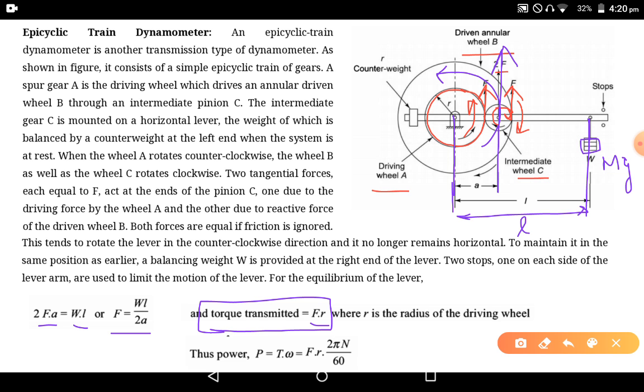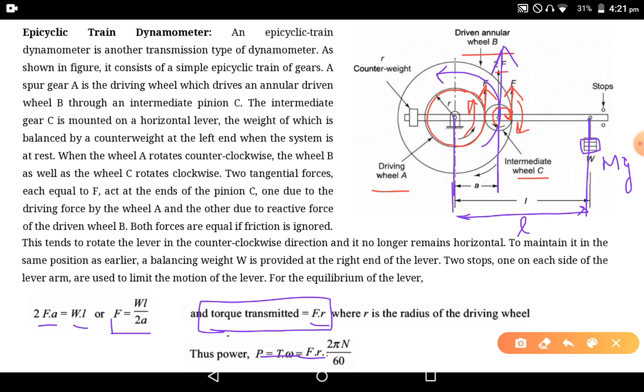The power which is being transmitted is given in terms of torque and the speed of rotation as P is equal to omega times T, right. So put the values of torque which you have found, that is F into R, multiplied by omega, that is 2 pi N by 60.